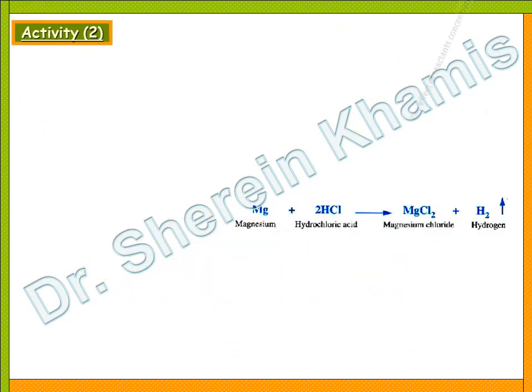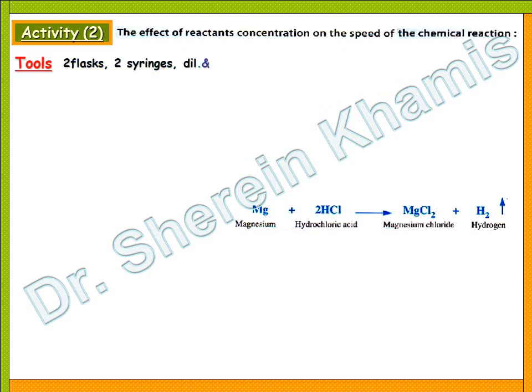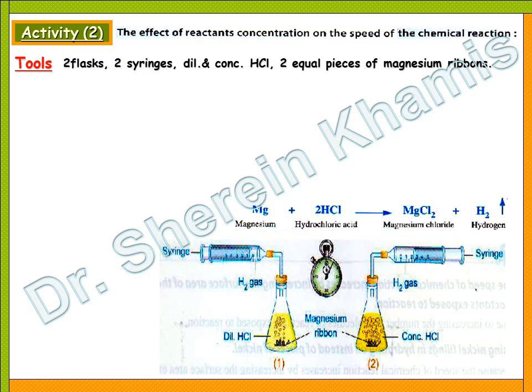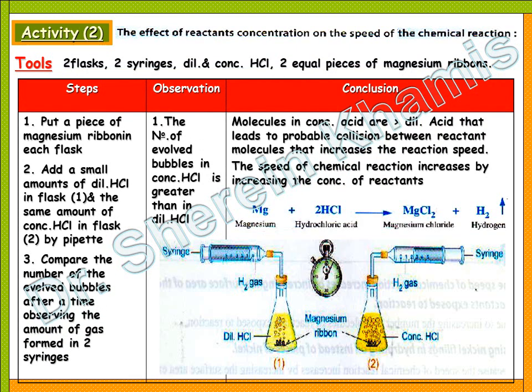Here we have the activity that explains the effect of reactant concentration on the speed of chemical reaction. We have two flasks, two syringes, diluted HCl and concentrated HCl, and two equal pieces of magnesium ribbon. Magnesium reacts with hydrochloric acid to give magnesium chloride and hydrogen gas evolving.